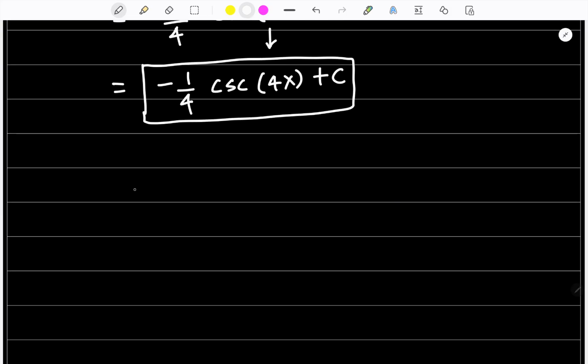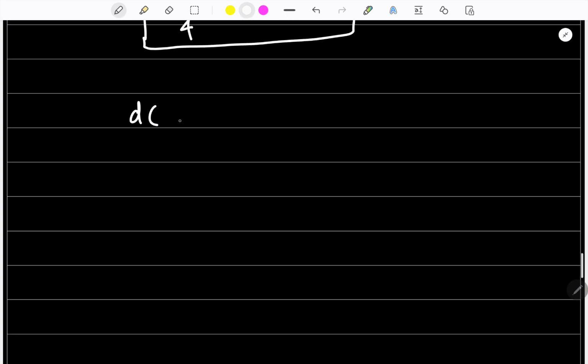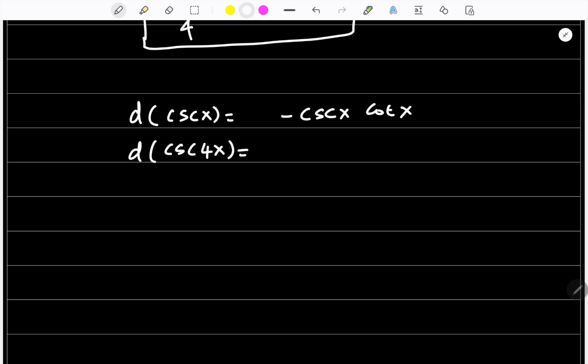Just an example. Just now I told you the derivative of cosecant x is minus cosecant x cot x, right? What is the derivative of cosecant 4x? It will be minus cosecant 4x, and then cot 4x times 4. Remember? What is the integration of this one?